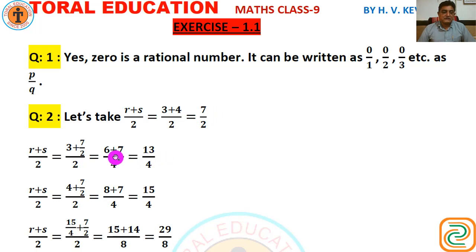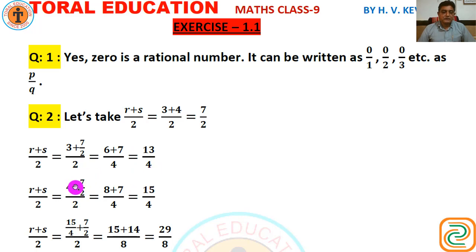Then 3 is r and 7 upon 2 is s. 3 plus 7 upon 2, we have taken 2 as LCM. 2 3s are 6. 6 plus 7 upon 4, because the LCM goes down. 6 plus 7 upon 4, that means 13 upon 4.